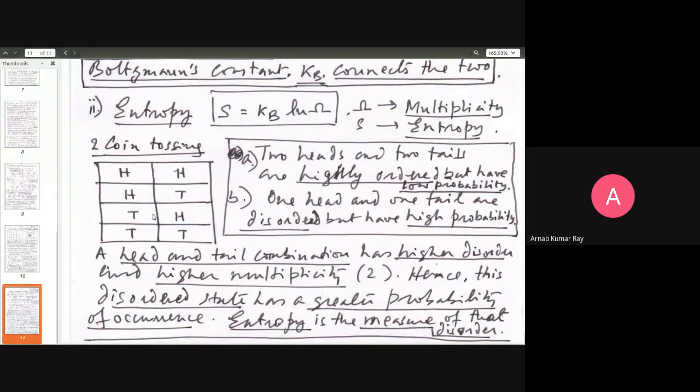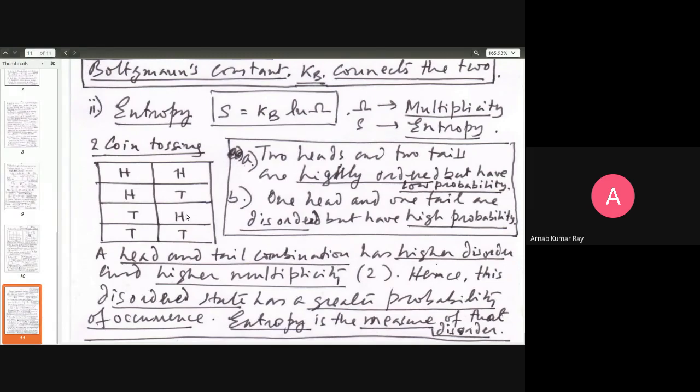So you would rather be considering not which coin has got a head or which coin has got a tail, not microscopic. That microscopic distinction will not be very important to you. You'd rather be interested in just a head tail combination.